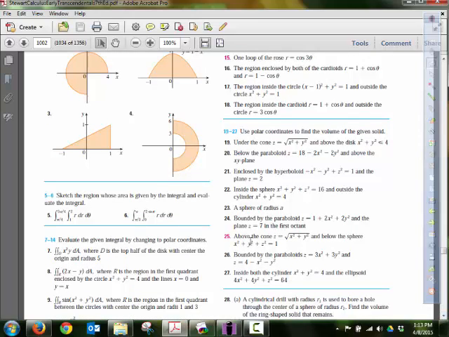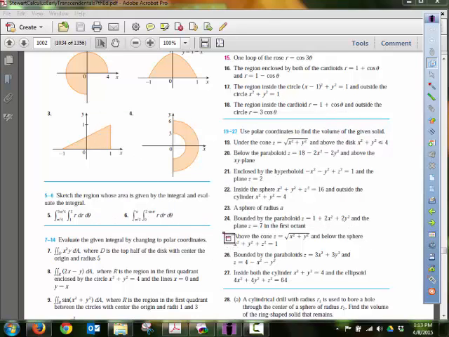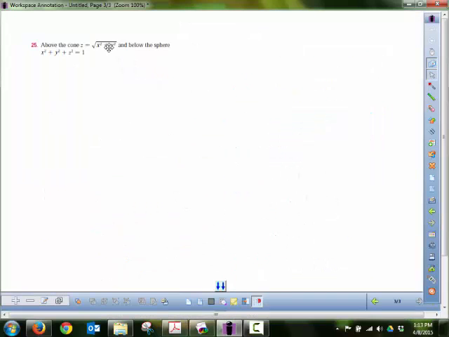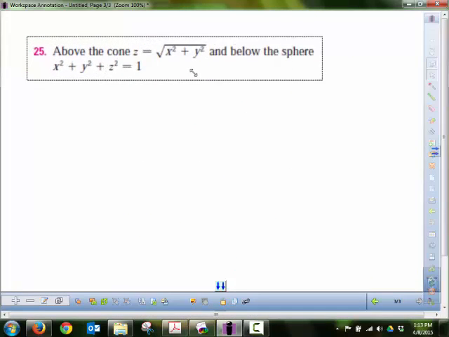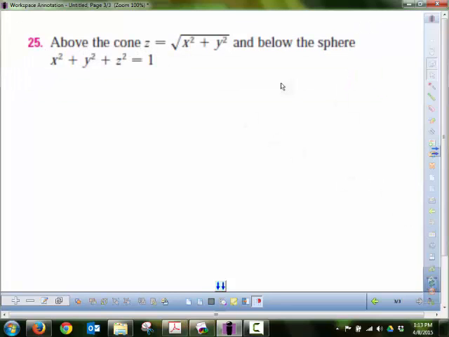Let's do one of these guys, the red one, number 25. Find the volume.